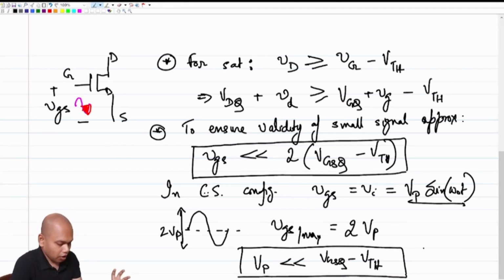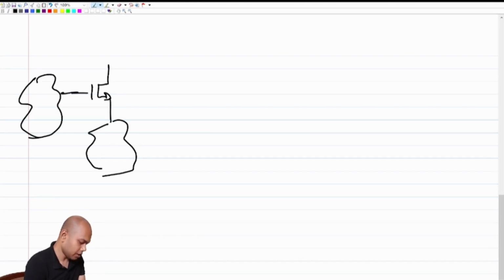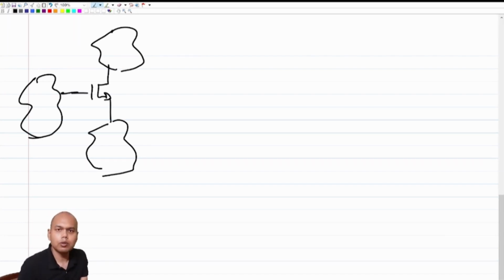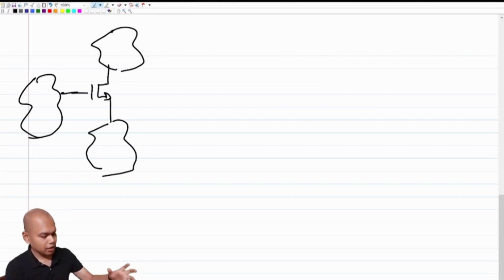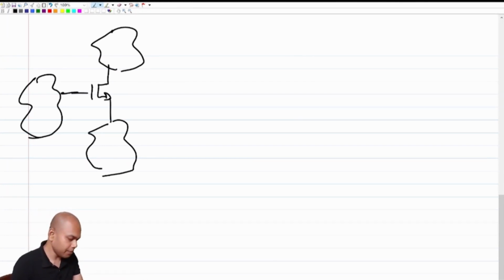And if you are not particularly bothered about whether it's a common source configuration or not, the question arises: let's say I have a network which has a transistor where a whole bunch of stuff is connected to the source, the gate, and the drain. How do I know what the constraint for small signal approximation is? That is a quite valid question, because it's not necessary that we will be using our transistor in a small signal configuration all the time, right?